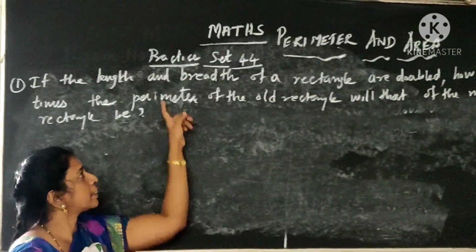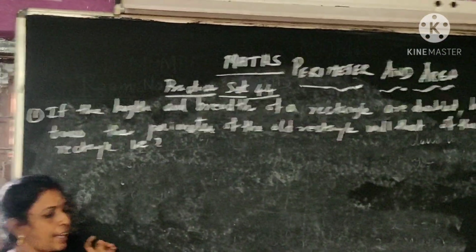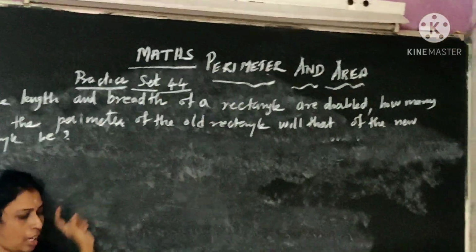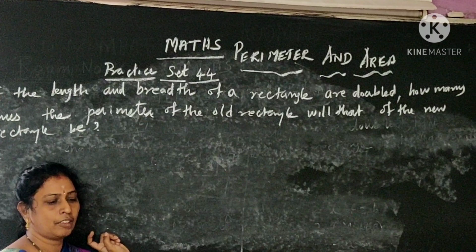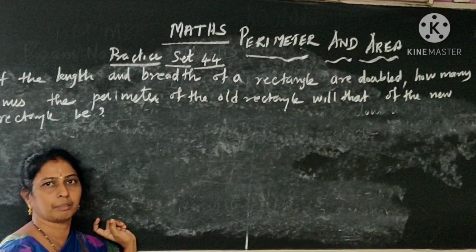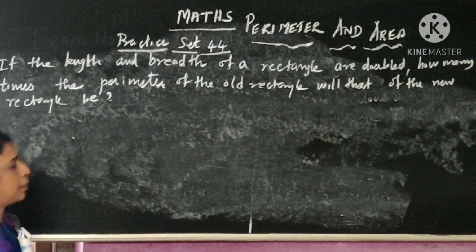Now, we will do practice set 44. First sum. If the length and the breadth of a rectangle are doubled, how many times the perimeter of the old rectangle will be that of the new rectangle? So now first we will find the perimeter of the old rectangle.